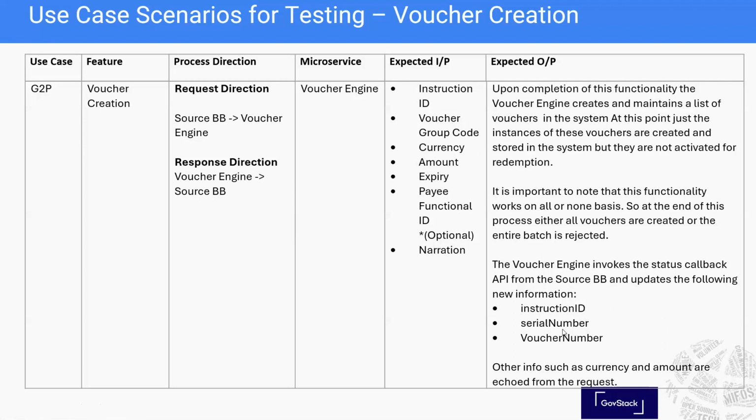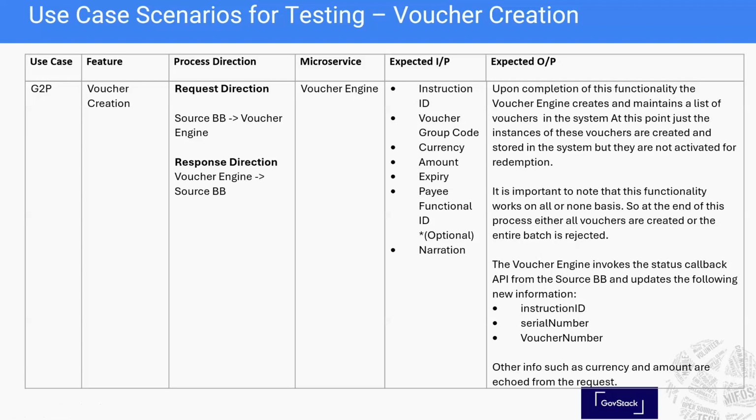Then it sends the serial number for the list of vouchers and the specific voucher number so that they could be identified. All of this information persists in the voucher engine so that next time when a request for voucher redemption or activation comes, the voucher engine could check the status against it and perform the process accordingly.